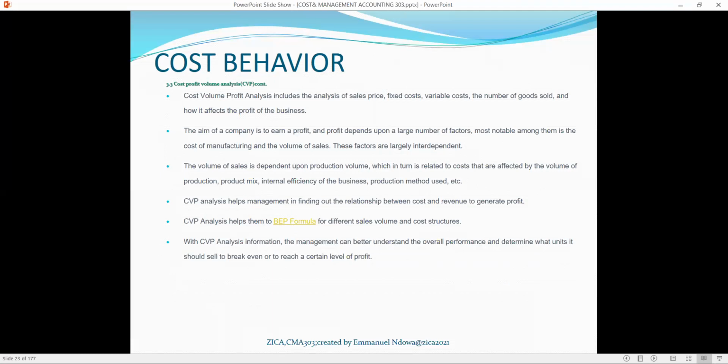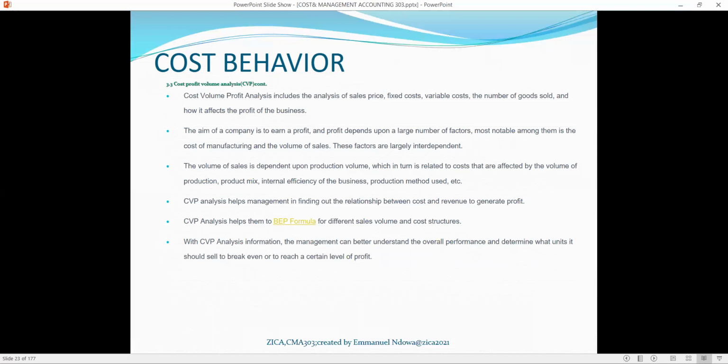So you can see that profit is largely dependent on the volume of sales, as I highlighted earlier, that if you have fixed costs and variable costs and subtract them from the revenue, that's when you can determine your profits. Those profits are anchored on the volume of sales or the cost of manufacturing.